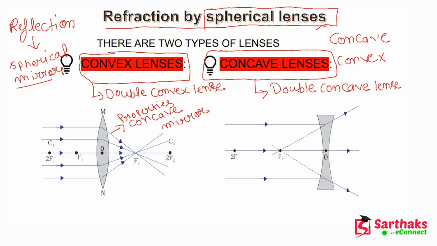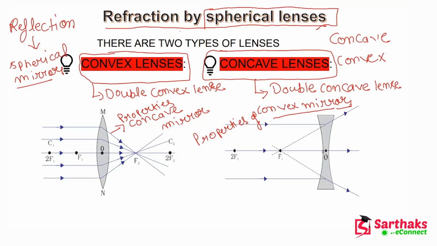And the properties of a concave lens are very similar to the convex mirror. You will understand this in later parts of this topic. But for now, you just need to remember that the properties of a concave mirror are the same as a convex lens, and the properties of a concave lens are similar to a convex mirror.